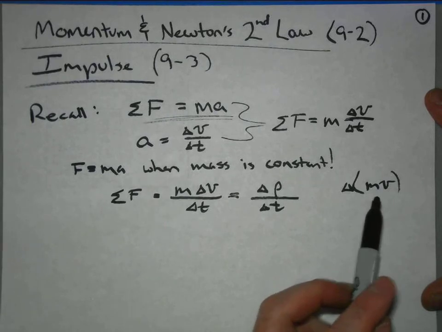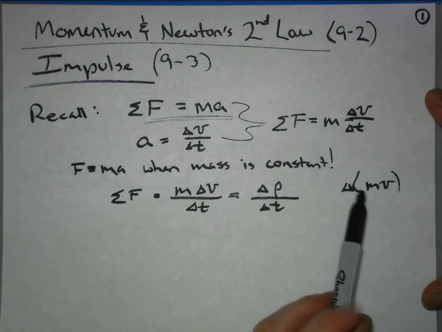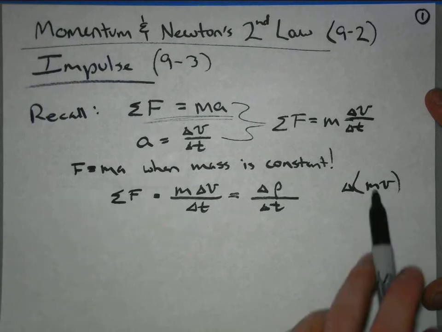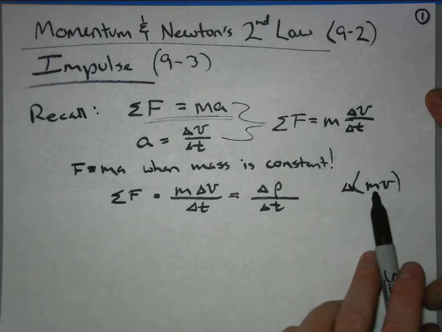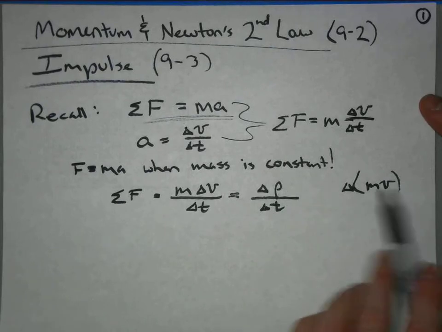Imagine a rocket trying to deliver a payload to orbit. Well, the rocket is using up its fuel rather quickly. Its mass is changing quite rapidly. And so, yes, it is accelerating and trying to get to orbit, but it's also losing mass. The mass is changing, and so the momentum is changing due to two different components.